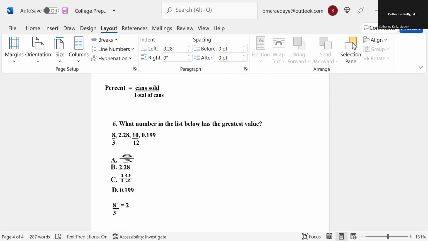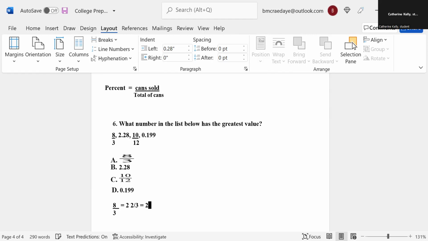So it's 2 and 2 over 3. That's a mixed number, right?